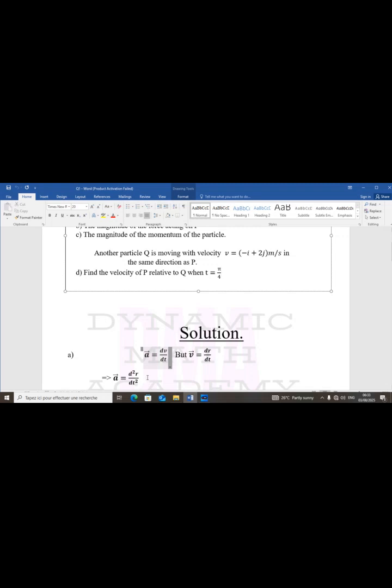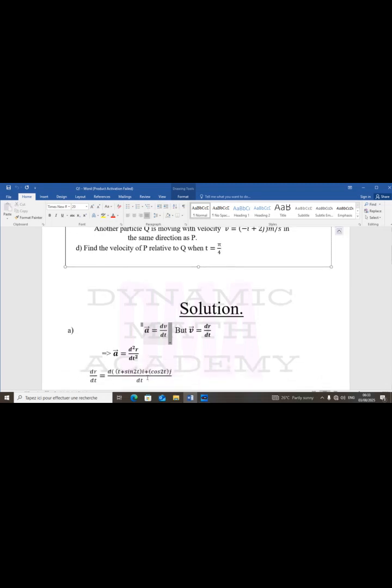So the first derivative, that's dr/dt, will simply be d/dt of (t plus sin 2t) i plus cos 2t j, because r was given in two components, the i and the j component from our question above.